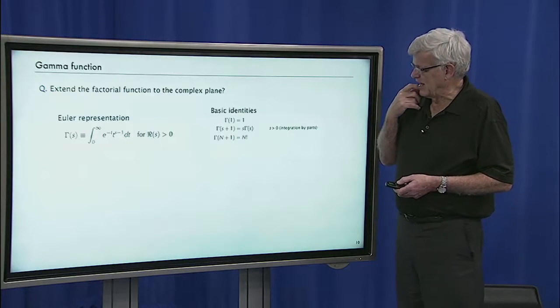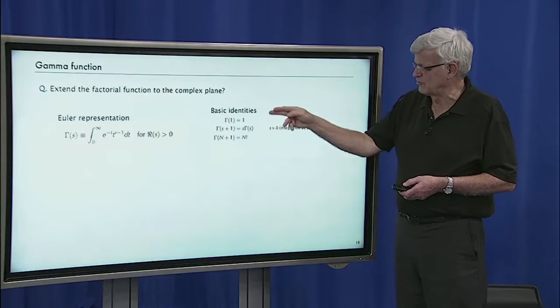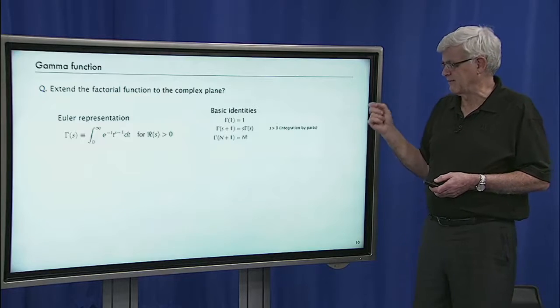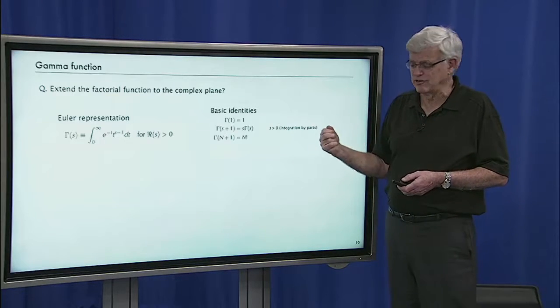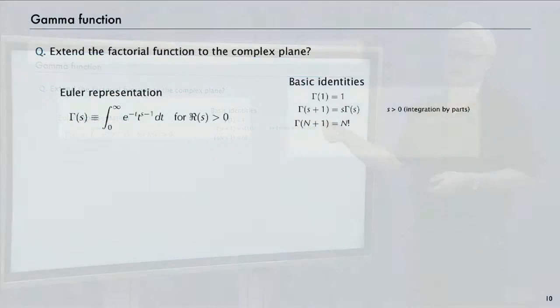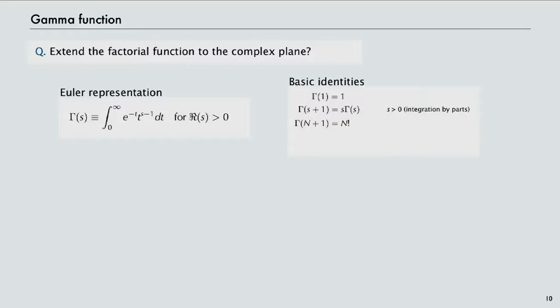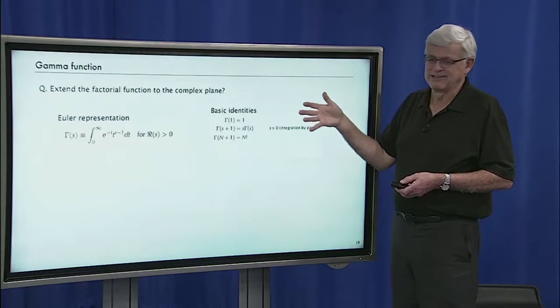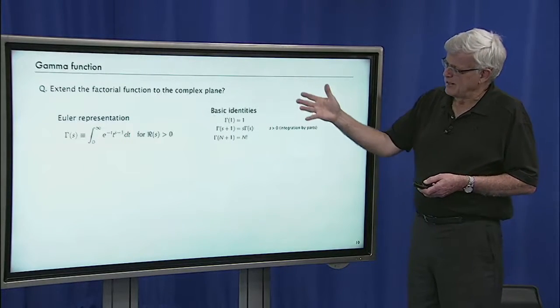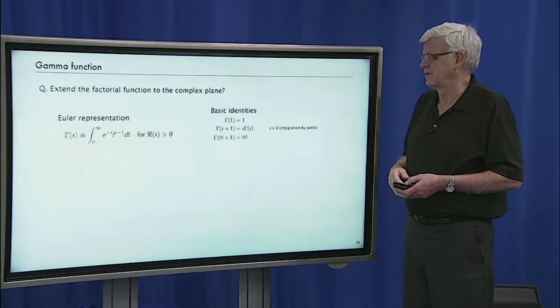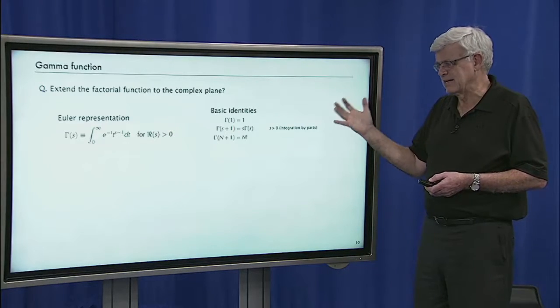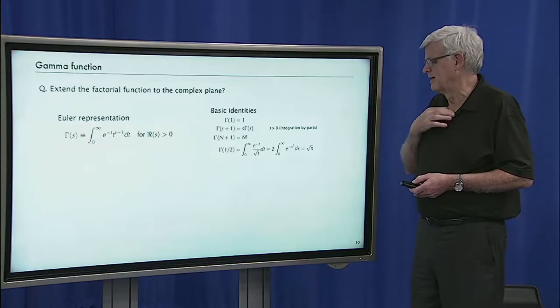And so from those two things you can prove that if the argument is an integer, gamma of n plus 1, where n is a non-negative integer, is equal to n factorial. So it matches n factorial on the integers. That's clearly what we want, but it's defined for all reals. So that's the key idea behind the gamma function.